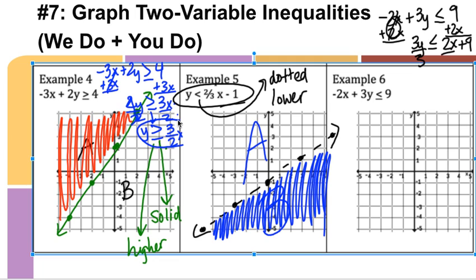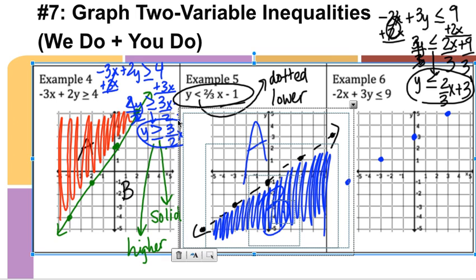Divide by 3 all across, so that's y. Notice it was a positive 3, so I keep the inequality the same, less than or equal to 2 over 3x plus 3. So now I graph this. I start at the positive 3. I go up 2 to the right 3. And also go down 2, left 3, down 2, left 3 to make a super straight line.